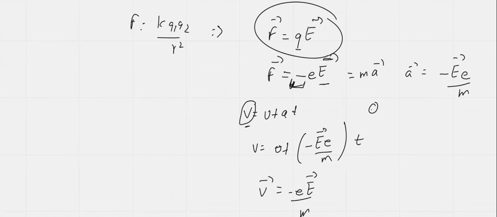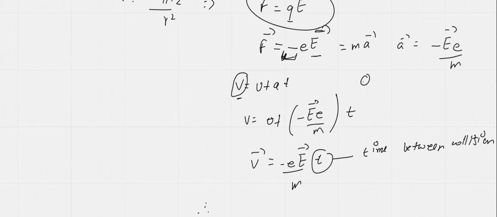And what is the t? t is basically a small time between collisions, so t is nothing but tau, the time between two successive collisions.